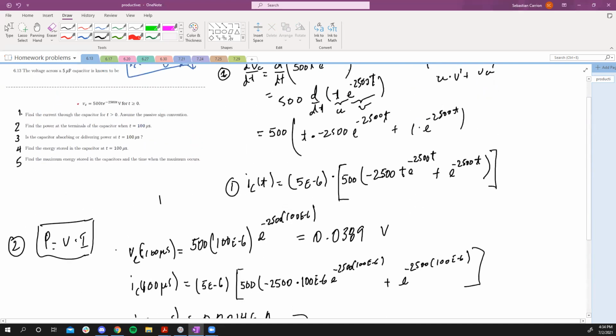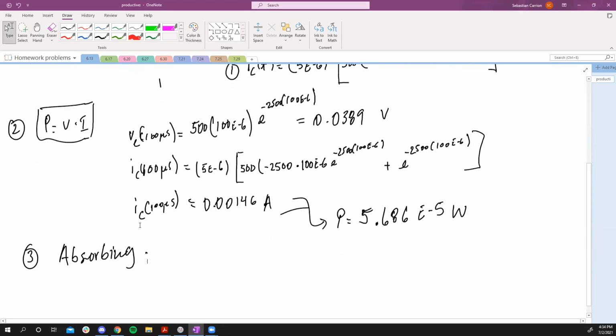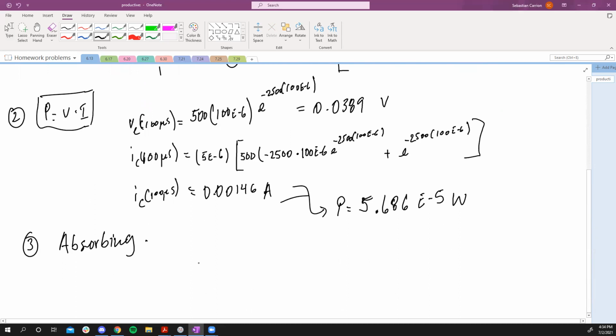And then it's asking us to find the energy stored in the capacitor. So for part 4, our energy equation would be 1/2 C times V squared.